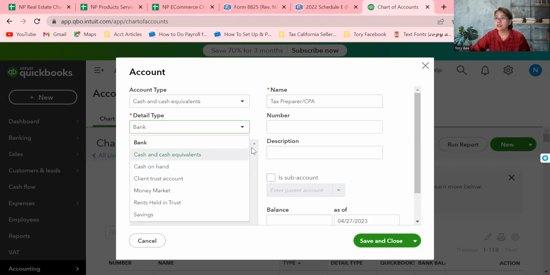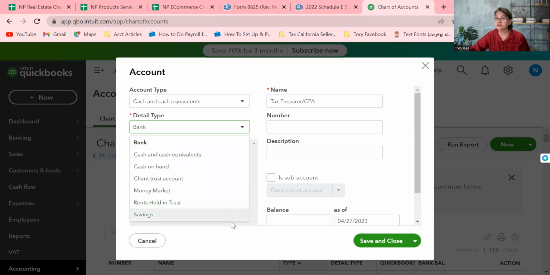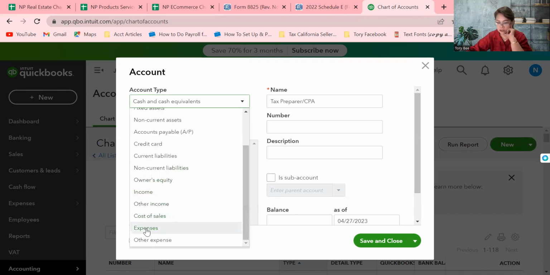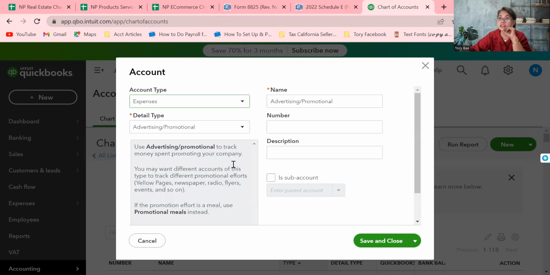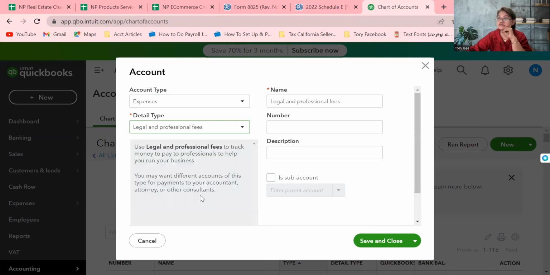Here we'll have, why is it like this? Expenses. It changed. What was that again? Oh my God.